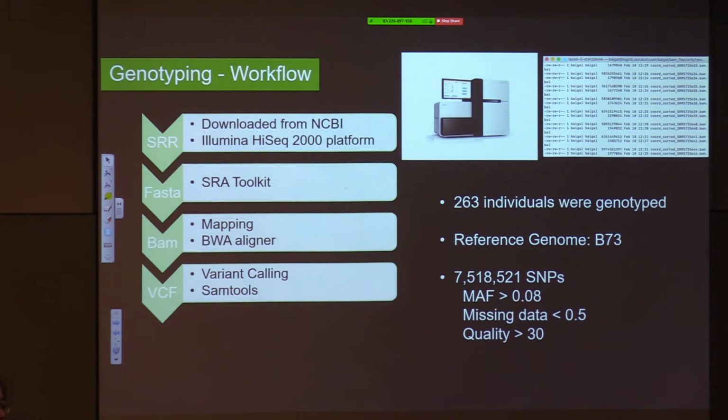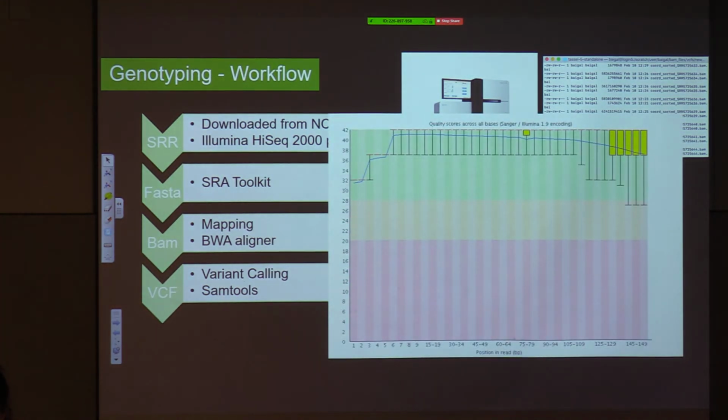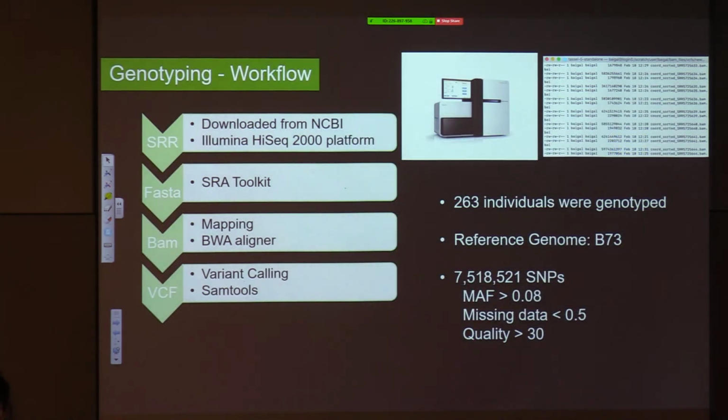Because those data were not sequenced by our lab, I first checked the quality scores of those FASTQ data. Those data show a high Phred score, with an average above 32. And then the BWA aligner was used to do the mapping. And then SAMtools was used to do the variant calling process.